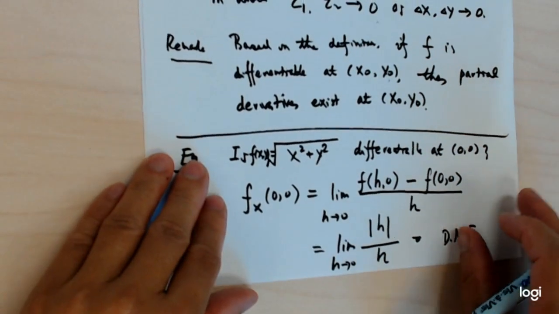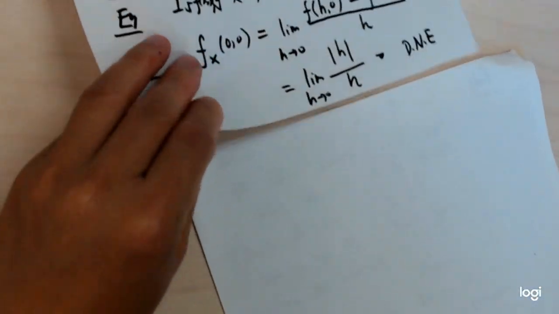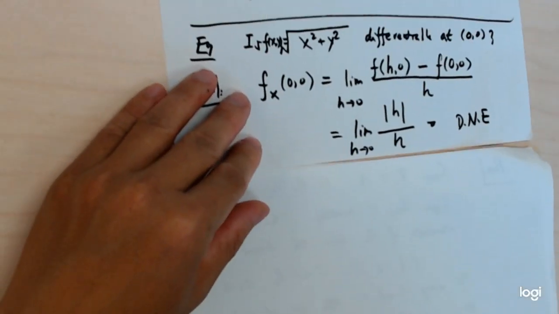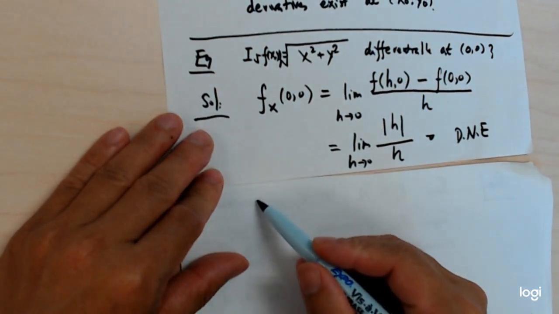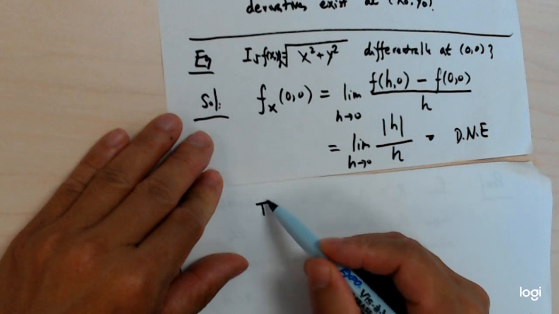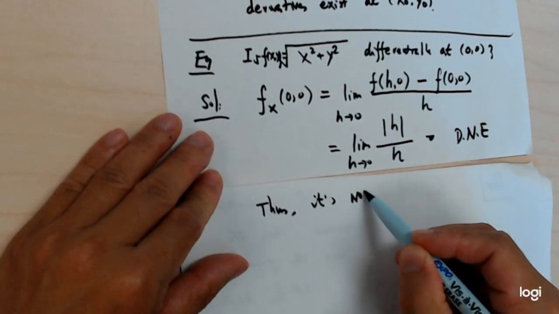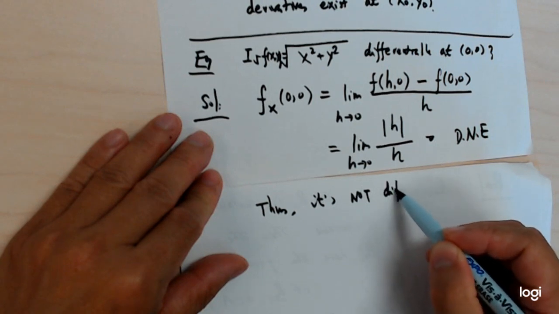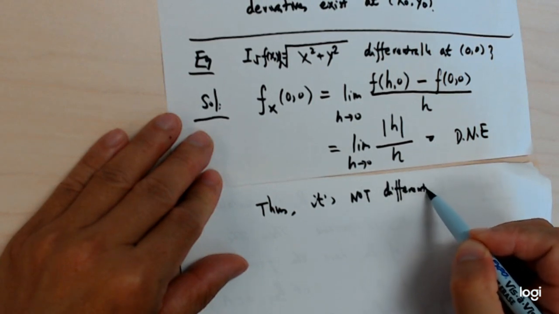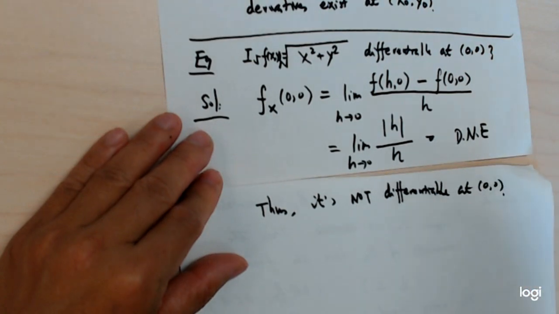Not differentiable. And that's the easy case. When the partial derivative does not exist, we say this guy cannot be differentiable. Thus, it's not differentiable at 0, 0.